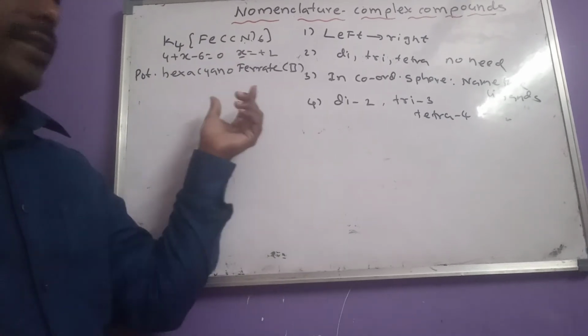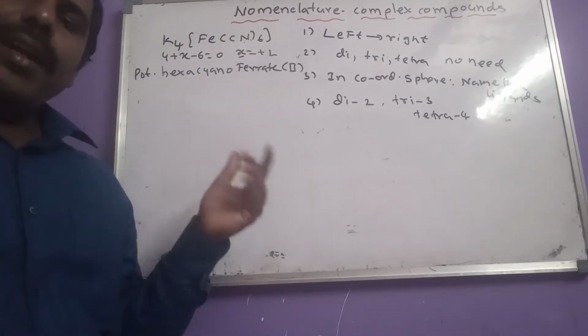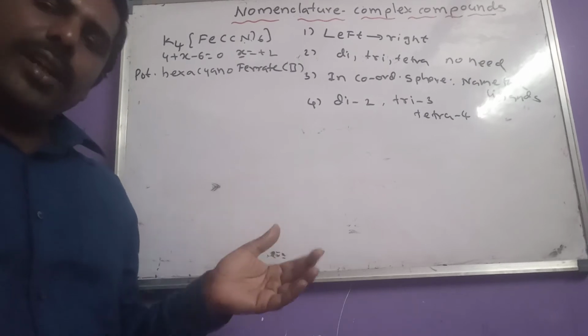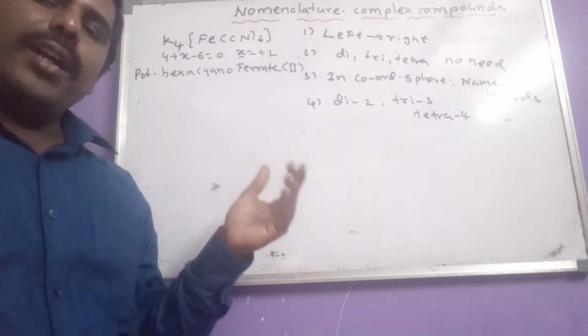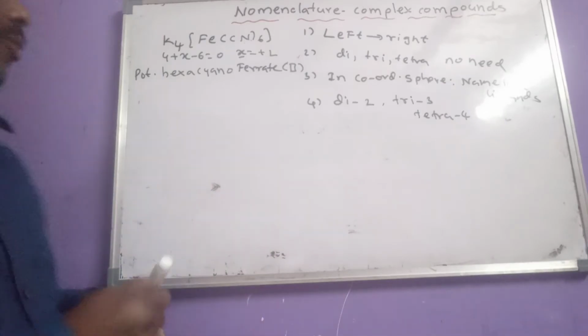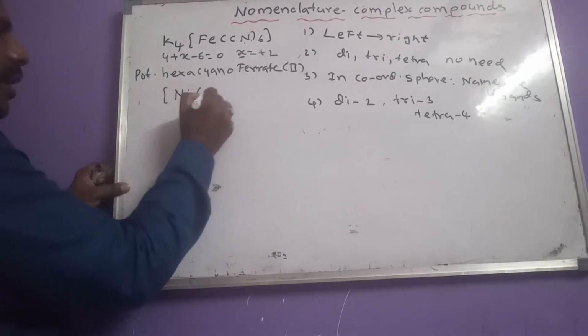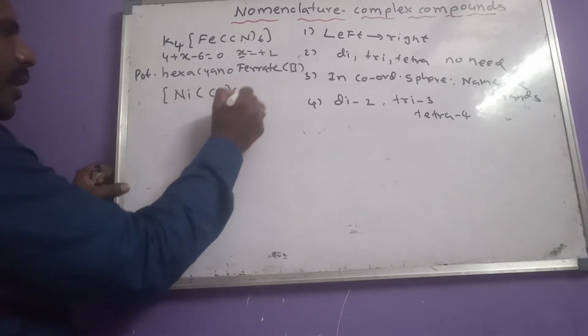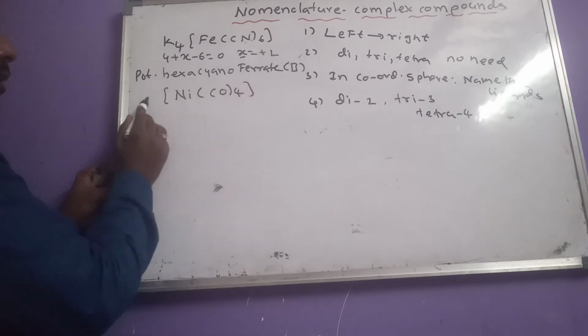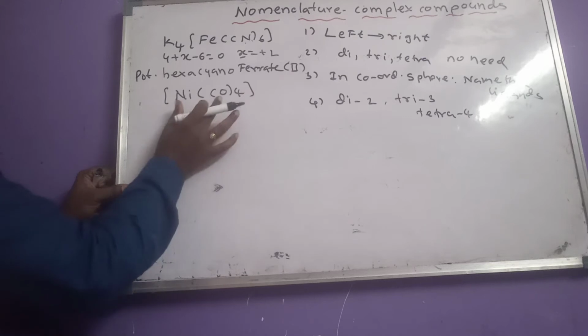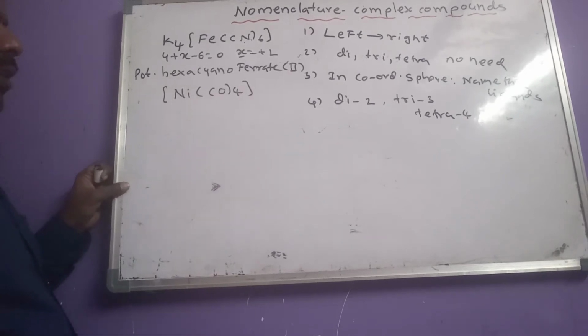Okay, like this we have to give the name. Let us see one neutral complex compound and one cationic complex compound also. One example for neutral: Ni(CO)4. Here no cation is present, no anion is present. This is a neutral complex compound.